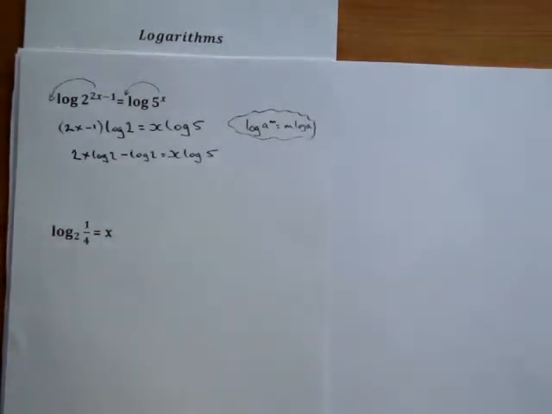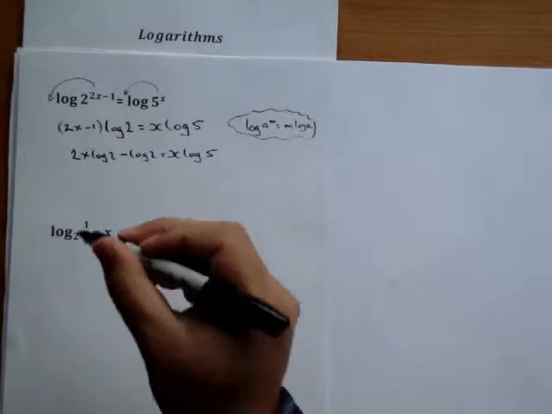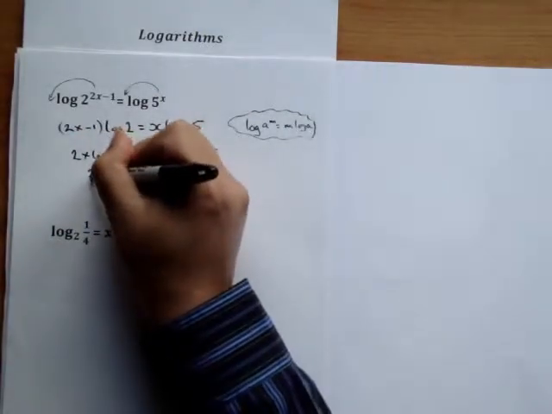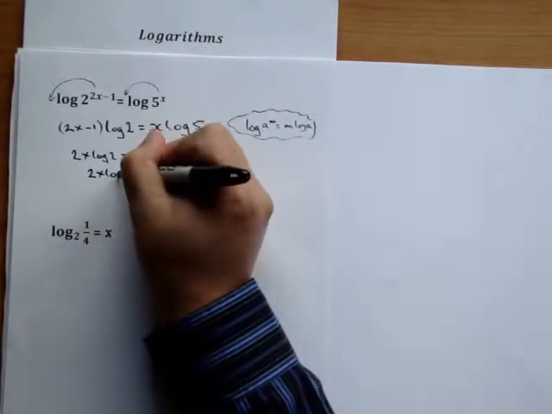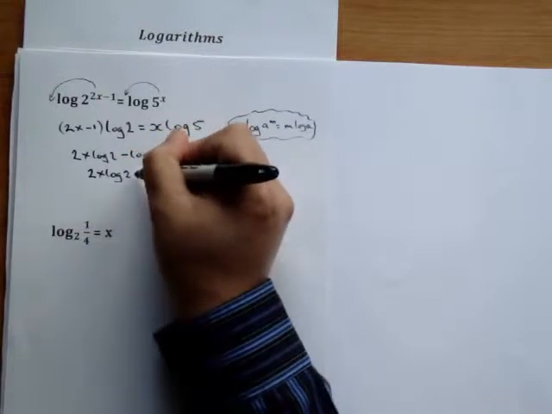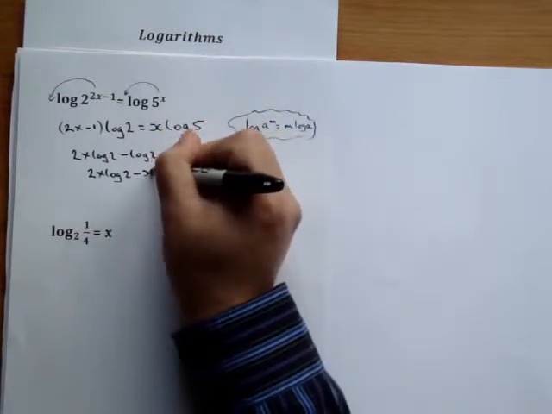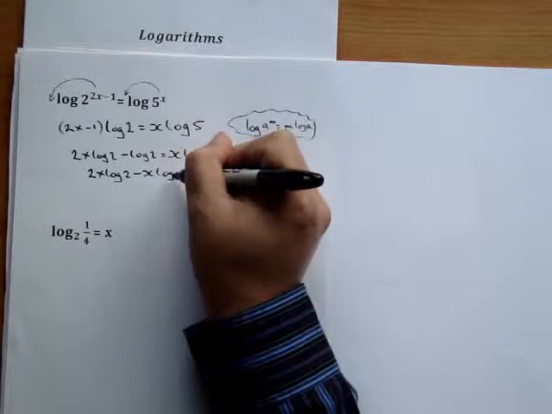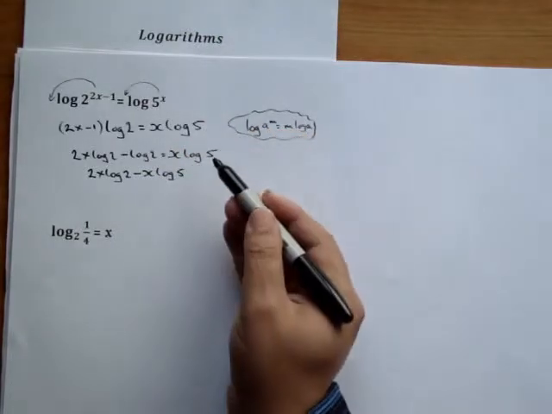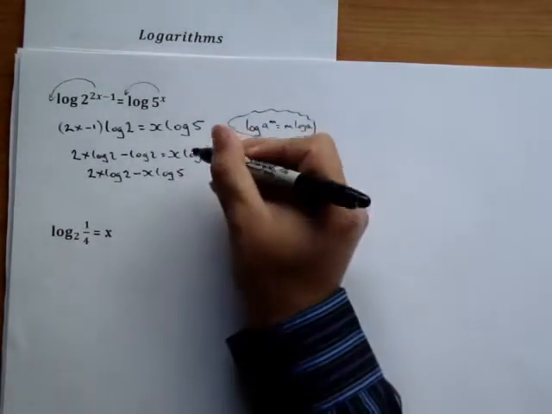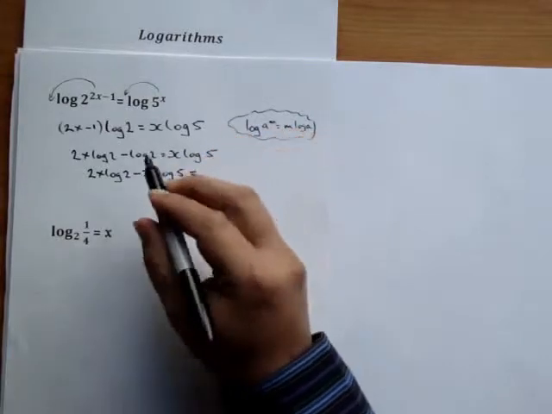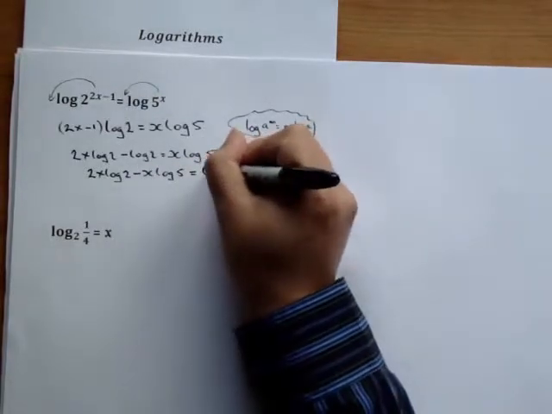We collect the common terms, so we get 2x log 2 minus x log 5. So we're bringing all the x terms onto one side, and that equals, bring the log 2 onto the other side, that becomes log 2.